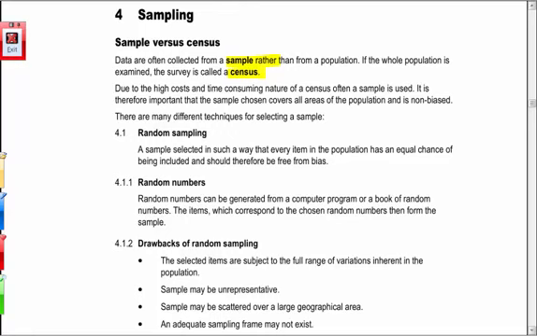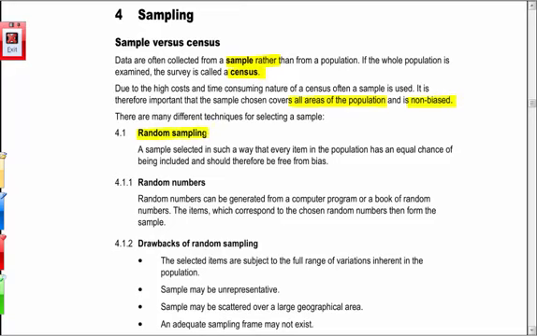For the sample to be useful though, we need to make sure that it covers all areas of the population and it isn't biased towards any particular viewpoints or group of the population. As a result, we need to make sure that we understand the different techniques that could be used for selecting a sample and understand the advantages and disadvantages of using those techniques.